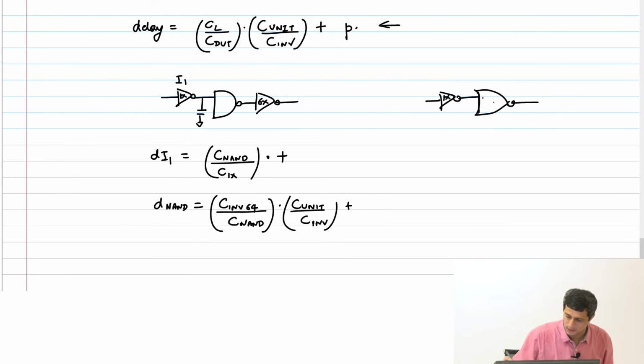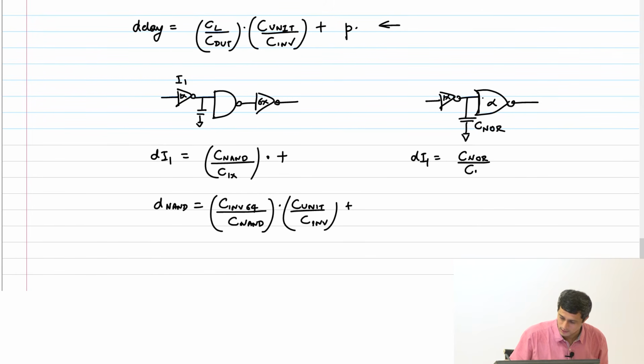this is 1x, this was sized up by a factor of alpha and alpha was 4 by 5. But we ensured that these two capacitances are the same, right? So D_I1 is C_NOR by C_1x into something.